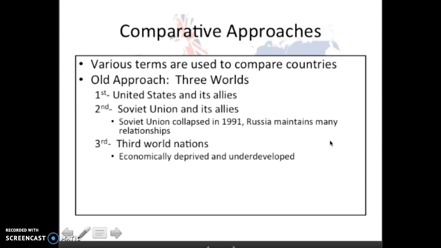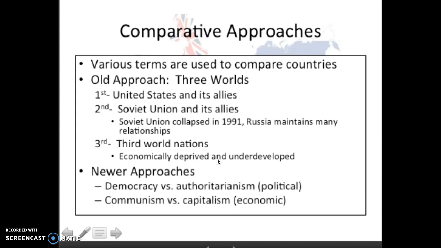The second was the Soviet Union and their allies, so your communist countries, and then third world nations, which would be some of the poorer countries in Africa, Southeast Asia, and Latin America. But we're not really going to do that here.